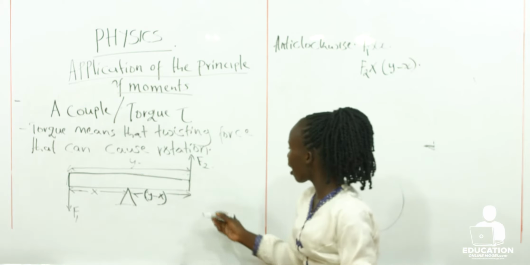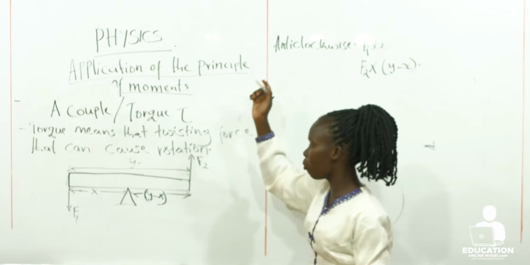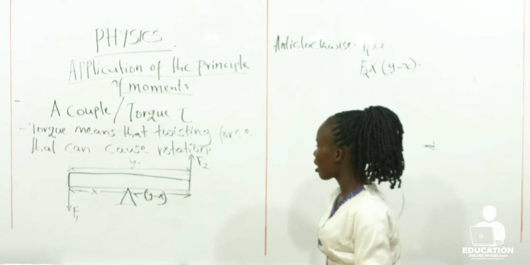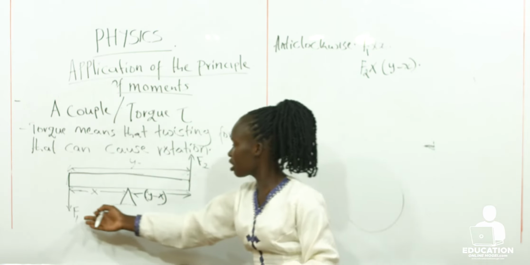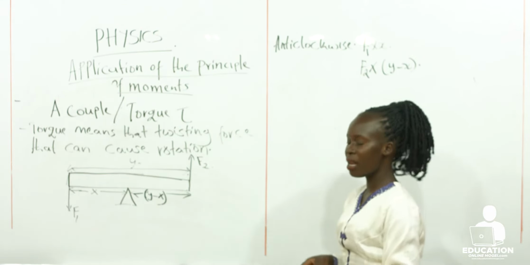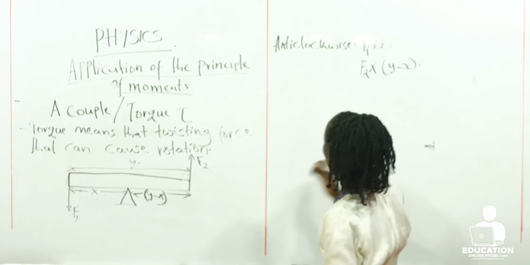But you see that the arrow of this one is pointing upwards, and this one is pointing downwards. That means you can subtract this force from that force to see how much force you needed to balance your pivot, the meter rule.